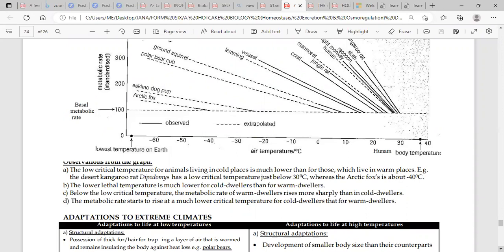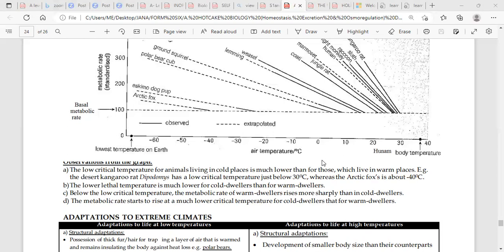Because these cold dwellers, most of them are ectothermic. When you look at the fish, when you look at the reptiles, you expect them to carry out hibernation. So their metabolic rate is much lower than that in the warm dwellers, most of the warm-blooded organisms, which we shall call the endotherms. The metabolic rate starts to rise at a much lower critical temperature for cold dwellers than for warm dwellers.